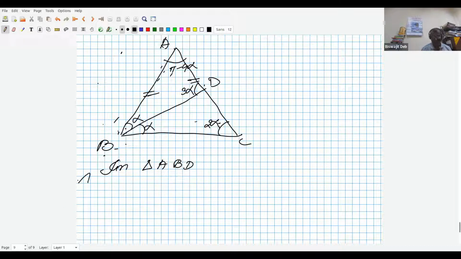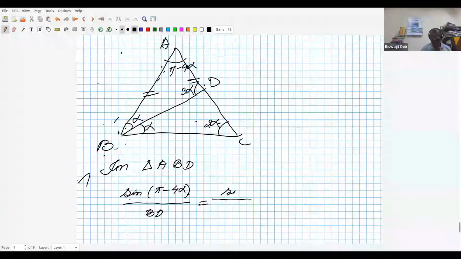Okay, so if I write one by one, sine of pi minus 4 alpha. What is the opposite side of this pi minus 4 alpha? It is BD. So this is equal to, then sine of 3 alpha. What is the opposite side of this? It is AB.